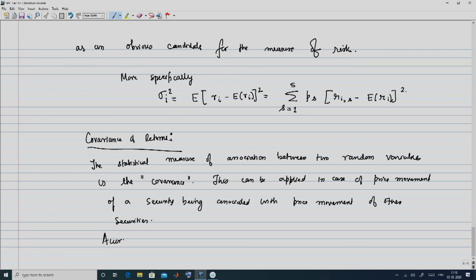So, accordingly, we consider two securities which we will identify as the ith and jth security.